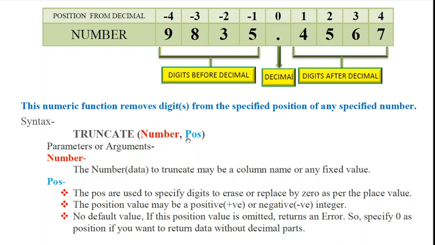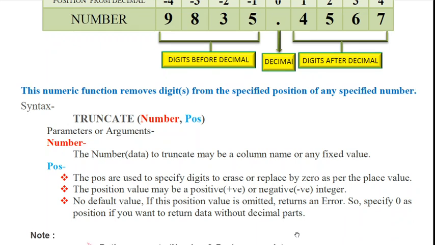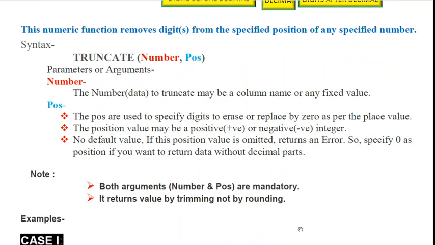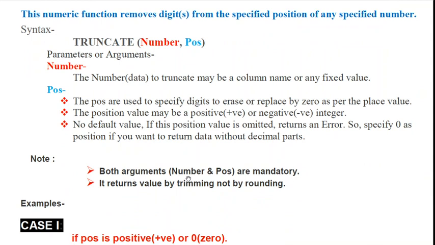No default value. If you are not specifying the position, in that case it returns an error. So specify 0 as position if you want to return the data without decimal parts. Both arguments, number and position, are mandatory.